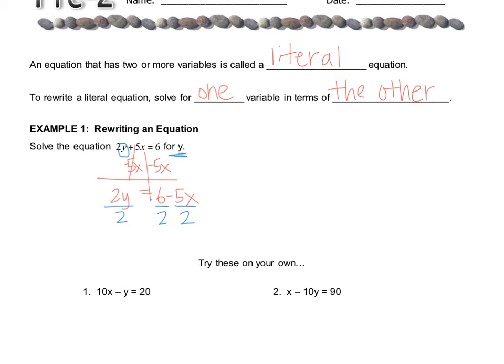So now the final thing that I get is y equals 6 divided by 2 is 3, and then 5 divided by 2 is not a whole number, so we're just going to leave it as the fraction 5 over 2 x. Now, if you wanted to, you could write it as y equals 3 minus 2.5x, but I'm going to tell you this.